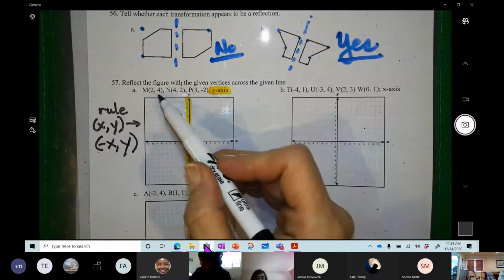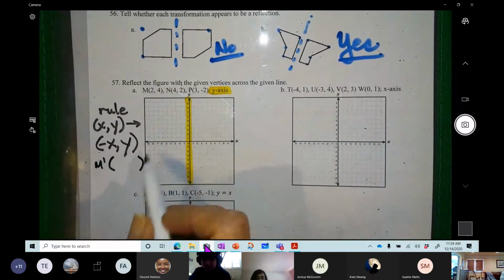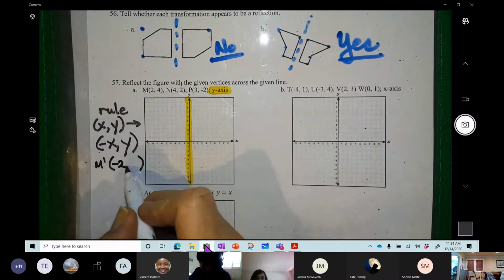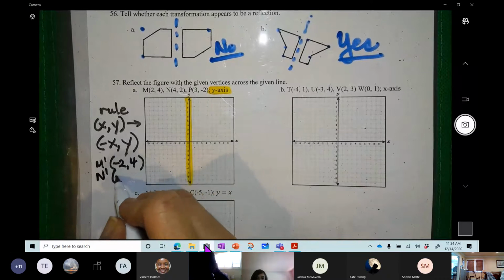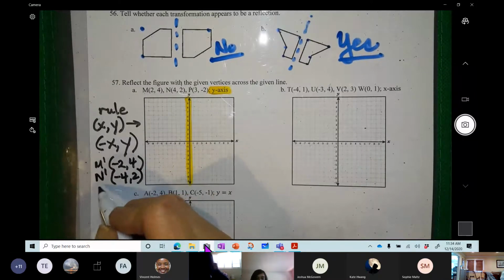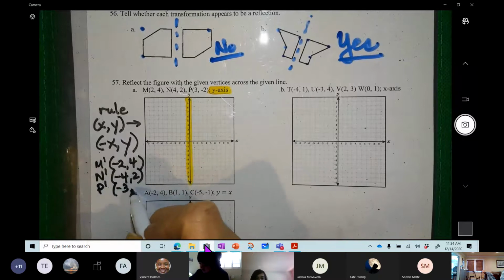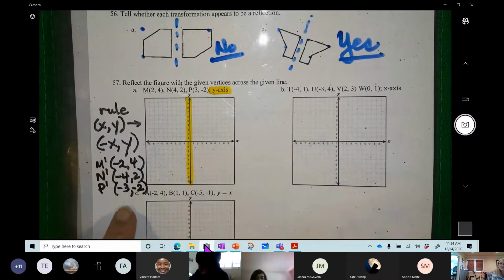Meaning if I have M, then M prime is going to be -2, +4. And N prime is going to be -4, +2. And P prime will be -3, -2. So I've now got my new shape.